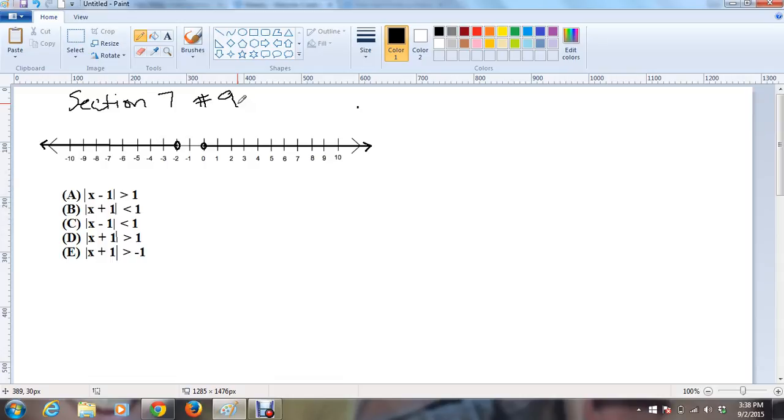The absolute value of a number, remember, is how far away from zero that number is. And so when you're graphing these kinds of inequalities, if it's a greater than inequality, you're going to end up with two sets like this where you're getting bigger and bigger and farther away from zero in your graph.